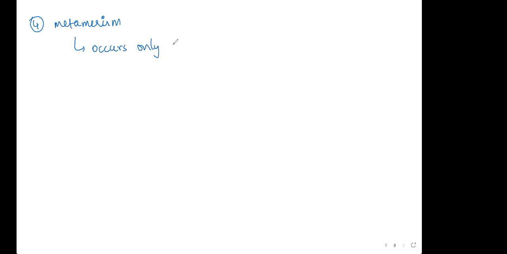It occurs only in very specific situations. Mainly you will find this sort of isomerism in ketones and ethers. These types of functional groups.